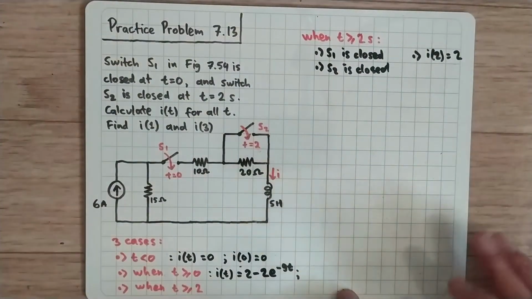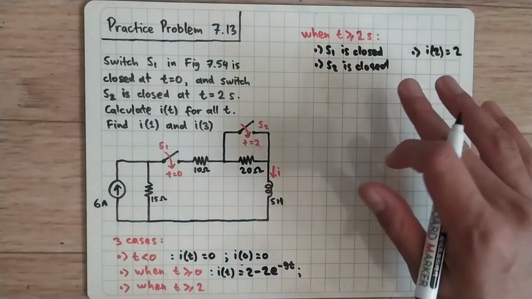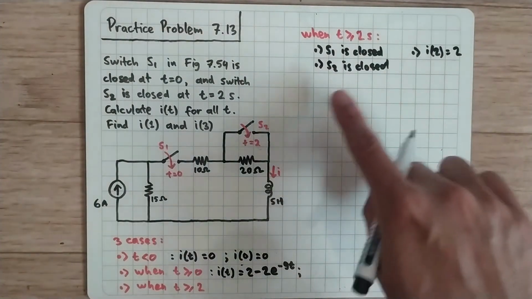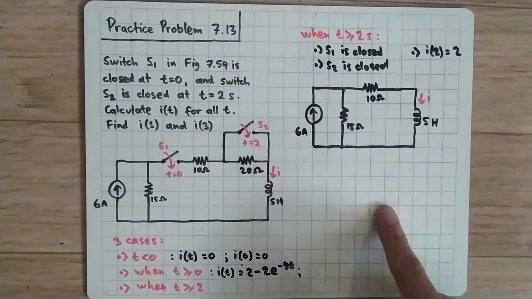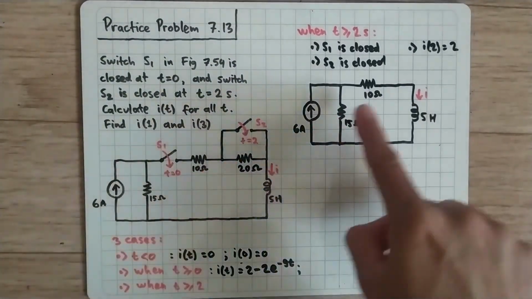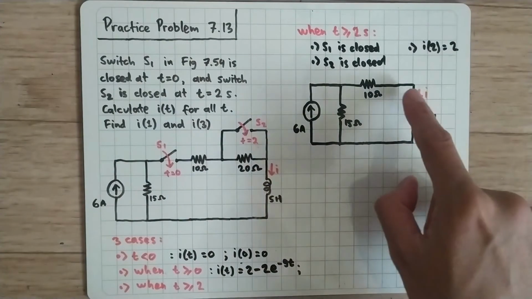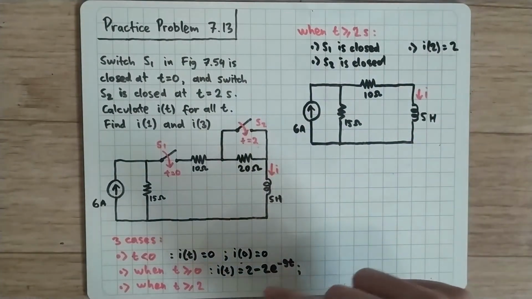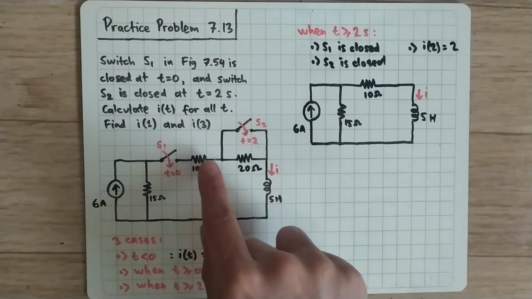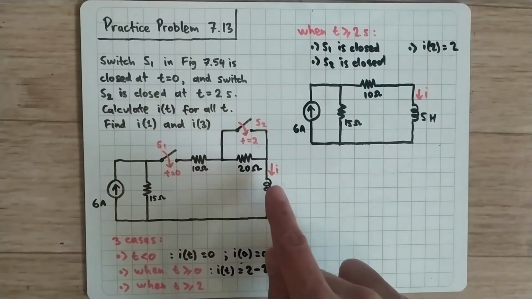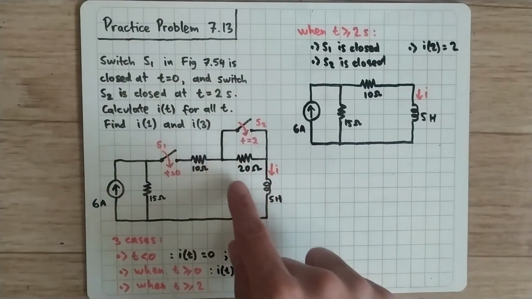Okay, now let's draw the circuit that satisfies this condition. Now we have this circuit here. I replace S1 here with a short circuit and S2 also with a short circuit. And take note here, when S2 is shorted, all the current will be going through that short circuit, not this 20 ohm resistance.